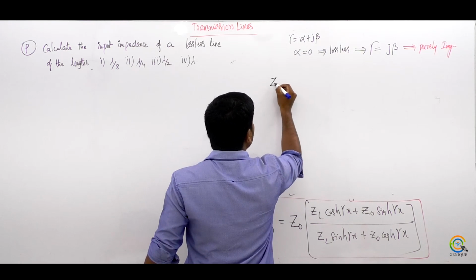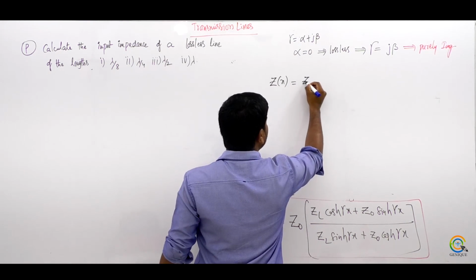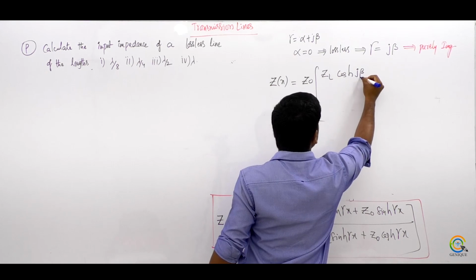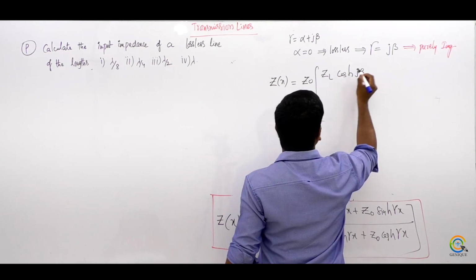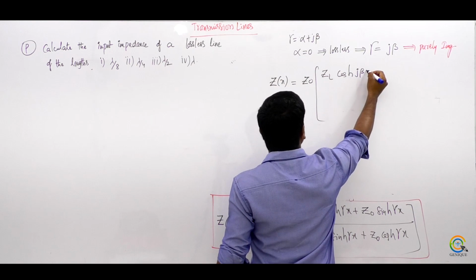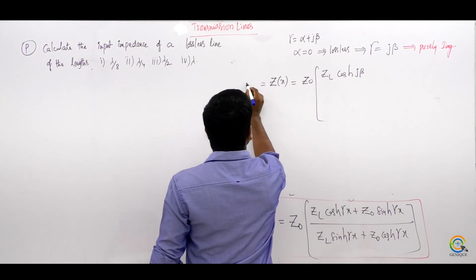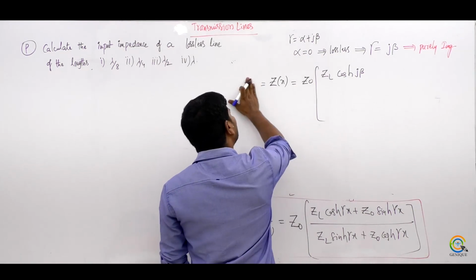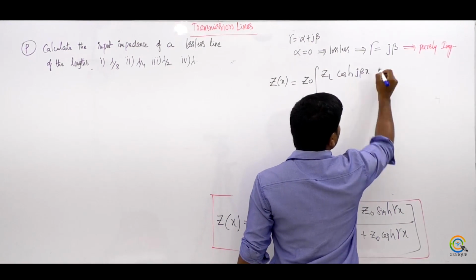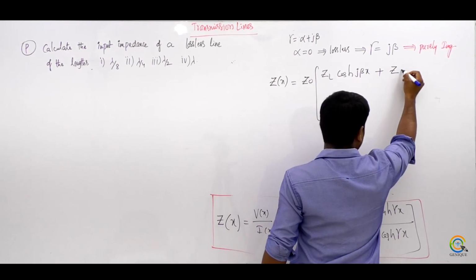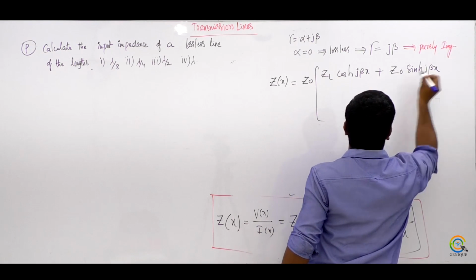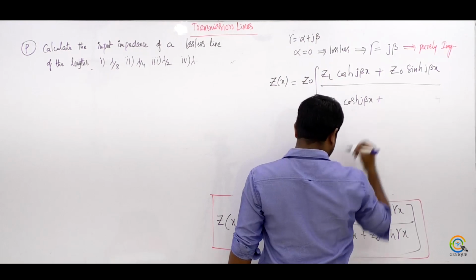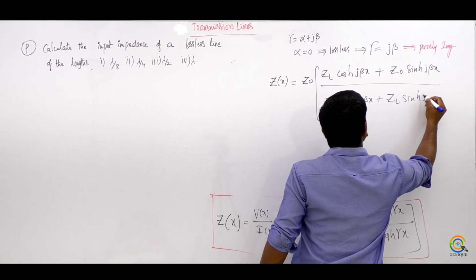Z of x will be equal to Z0 into (ZL cos h j beta x plus Z0 sin h j beta x) divided by (Z0 cos h j beta x plus ZL sin h j beta x).